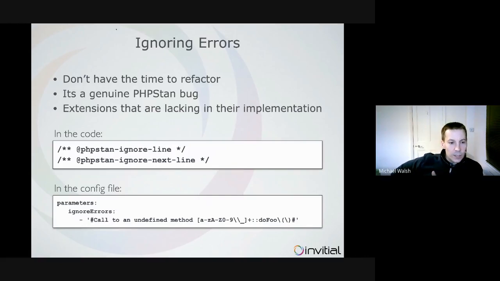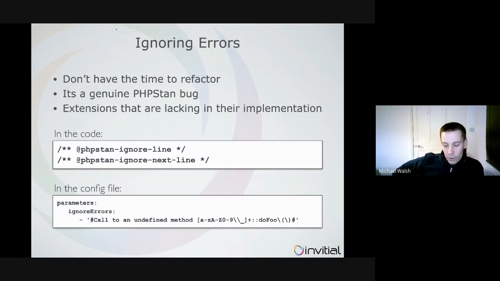It could be that there's a bug in PHPStan, so it's all software at the end of the day. It has happened in the past, and if there is, then there is absolutely nothing you can do about that error except ignore it until it's fixed in the PHPStan repo and you're able to pull that latest.